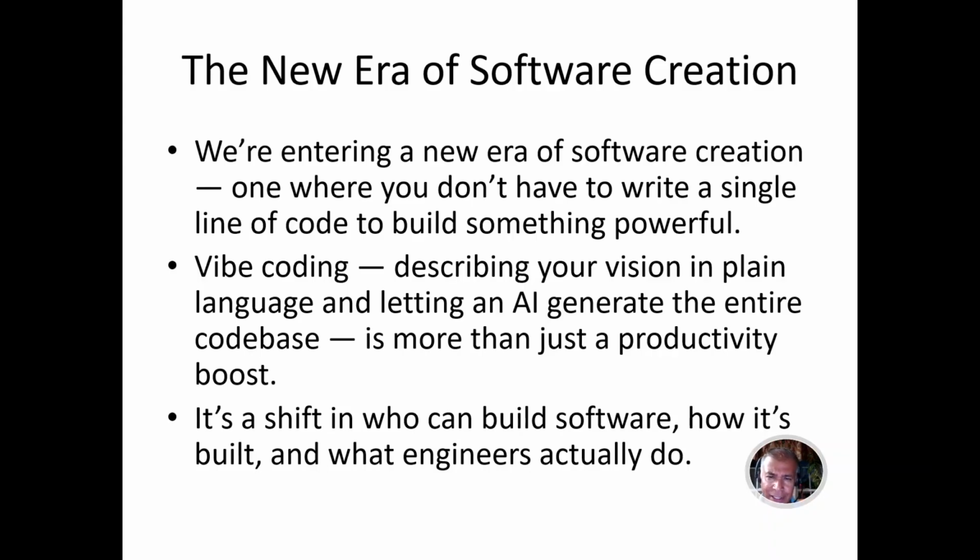In this era, you don't have to write a single line of code to build something powerful. You can use vibe coding, describing your vision in plain language and then let AI generate the entire code base. This is more than just a productivity boost. It's a paradigm shift. It is a shift in who can build software, how it is built, and what engineers actually do.